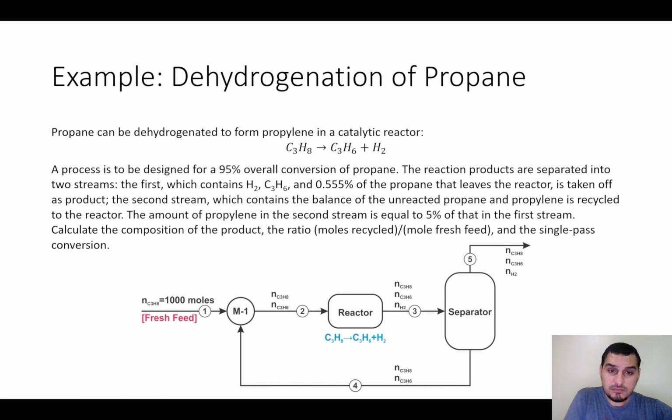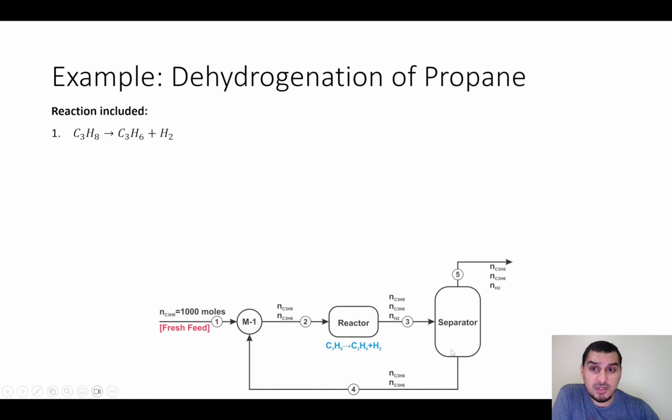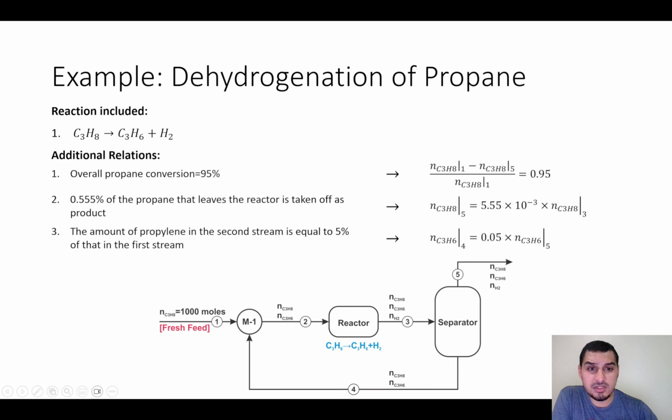So let's start by writing the information that we have, which first is the reaction. We have only one reaction, no other reactions, and the additional relations. The first additional relation is the overall conversion, which is the relation between the number of moles of propane in stream 1 and in stream 5. So it's (1 minus 5) over 1, which is 0.95.